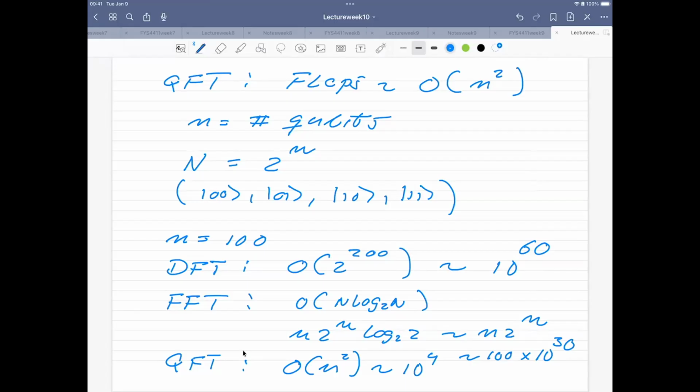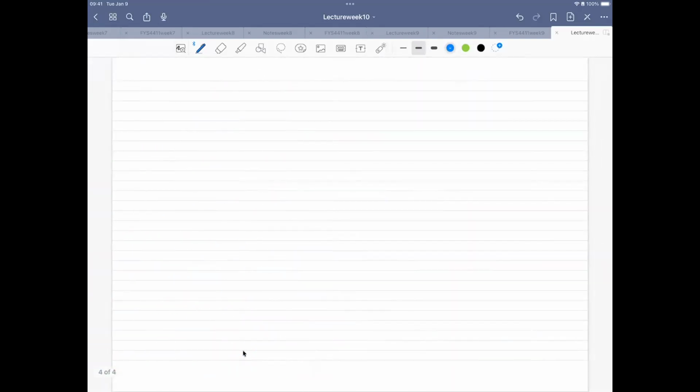So let's just remind ourselves about the QFT. What we have is a number of configurations of 2 to the power of n, where little n is the number of qubits. This acts on a computational basis. So we have a QFT, and I'm going to put a subscript n to indicate that this is for n basis states.